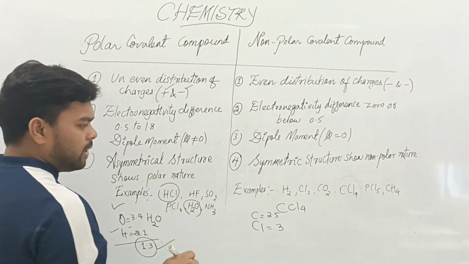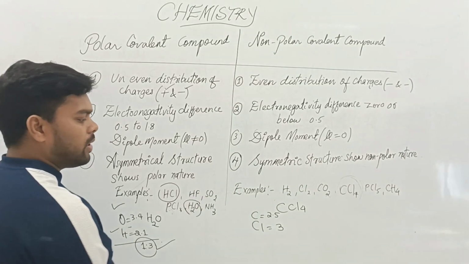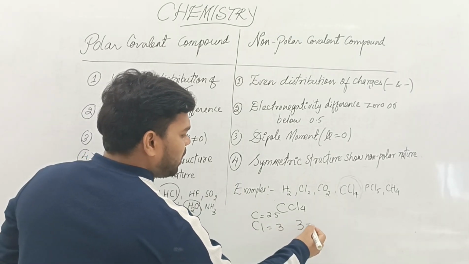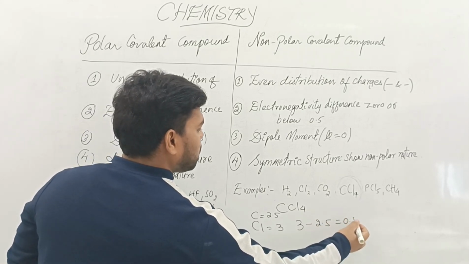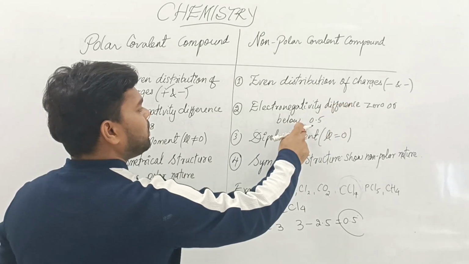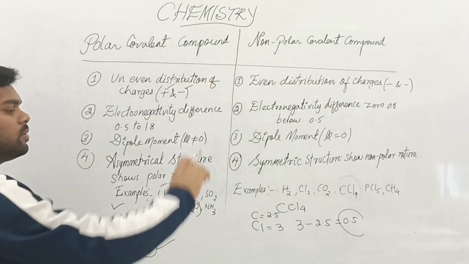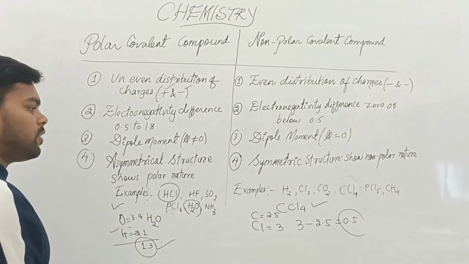So always remember, don't include the subscript. Just take 1 chlorine. So from the more electronegative element to the less: 3 minus 2.5, so you are going to get 0.5. An electronegativity difference of 0 or below 0.5 is said to be a non-polar covalent compound. Therefore, CCl4 is also a non-polar covalent compound.